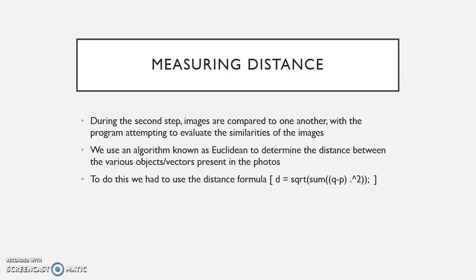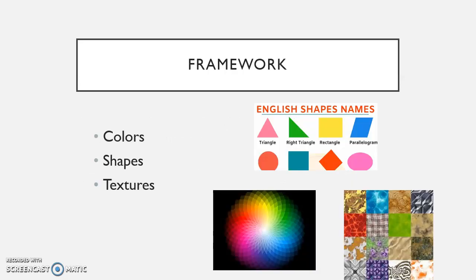And right here at the bottom, you see the distance formula that we used to complete that. Like I said, the program is based on colors, shapes, and textures. So instead of descriptions, keywords, and whatnot, we use the colors, the shapes, and the textures to determine which images are most similar to one another.